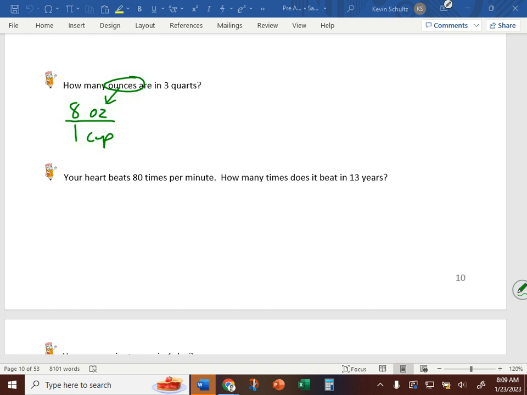Scale factors. By what? 2, right? We're going to start with a scale factor, multiply by 2 to get 2 cups. Because we know 2 cups make a pint, right? So then we're also going to multiply our 8 ounces by 2, being a scale factor, and we get 16 ounces in 2 cups.